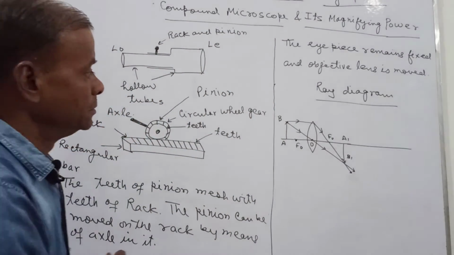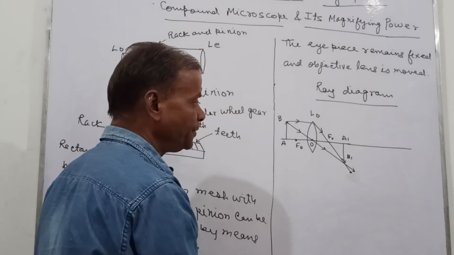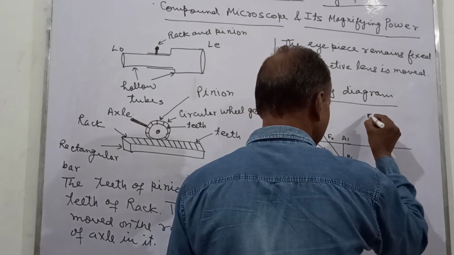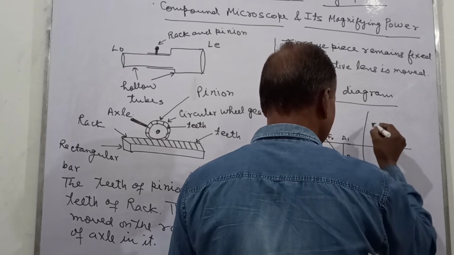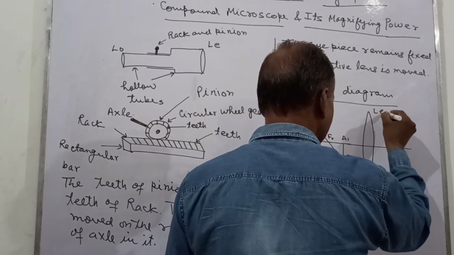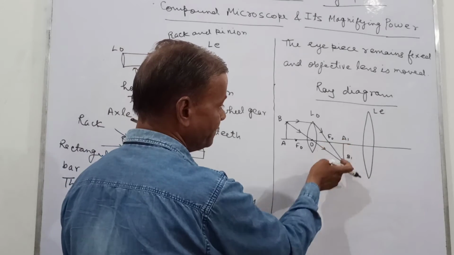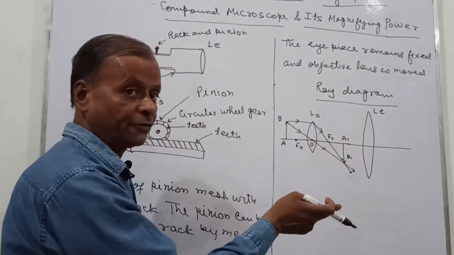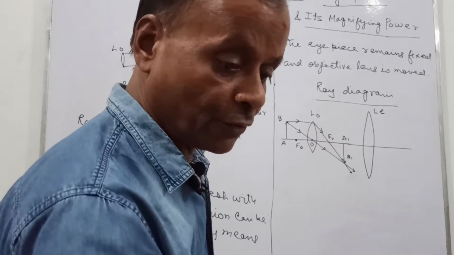Now the eyepiece is so adjusted, this is the eyepiece, that this image lies between the lens LE and its focus point.